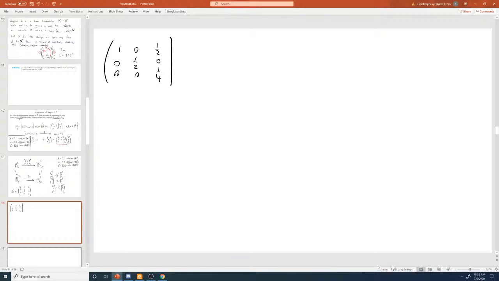So I write down the augmented matrix with the identity on the right-hand side, and I do a sequence of row operations. In fact, I only need to do 2 of them. My first operation is going to be multiplying the second row by 2 and the third row by 4. So row 2 is going to be equal to 2 times row 2.